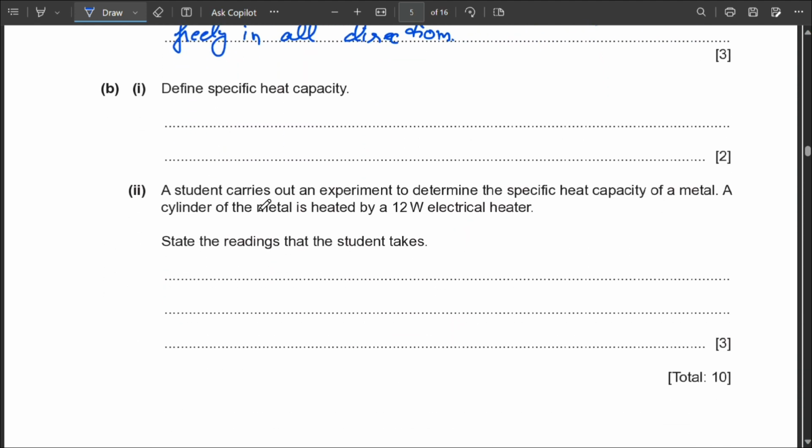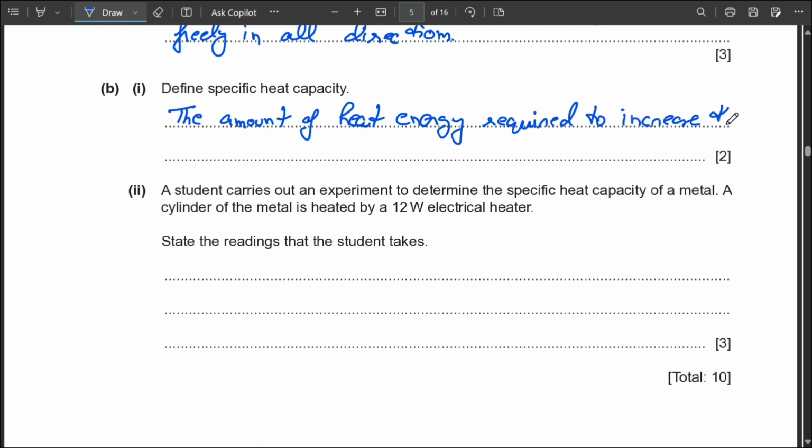Define specific heat capacity. So this specific heat capacity is the amount of heat energy required to increase the temperature of a unit mass by 1 degree Celsius or 1 Kelvin. So here we write the amount of heat energy required to increase the temperature of unit mass, that could be a gram or a kg.